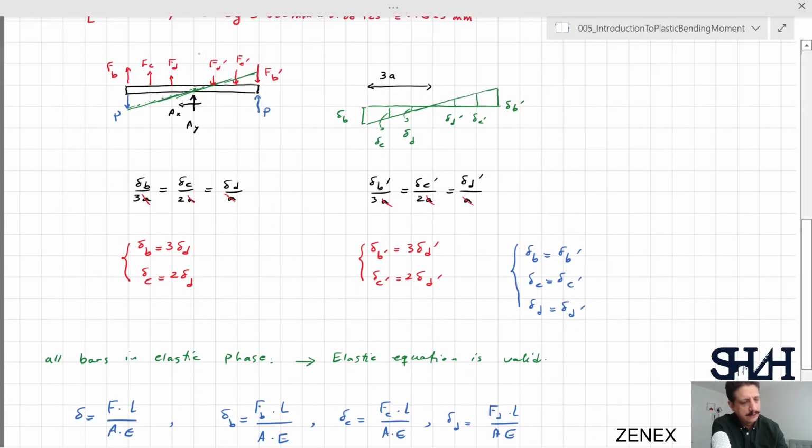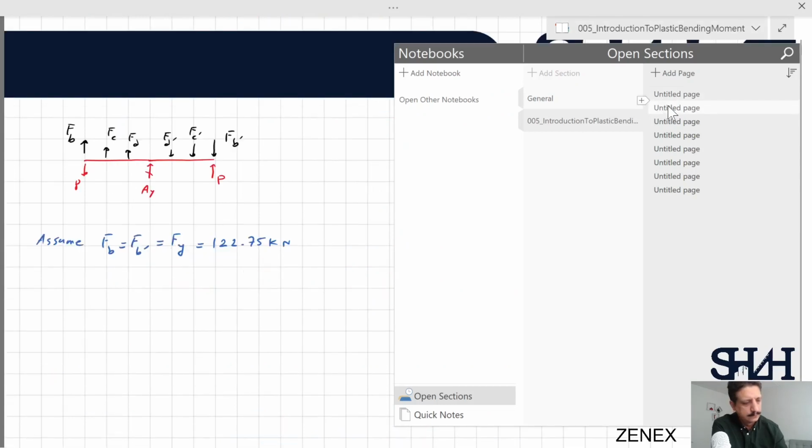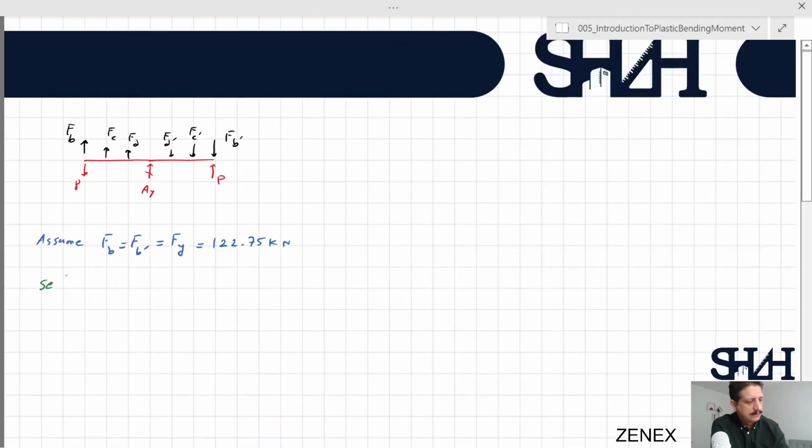So let's name these equations set I. From set I equations, we know that delta B is 3 times delta D. And as far as the elastic equation is valid, we can write FB L over AE is the same as 3 times FD L over AE.